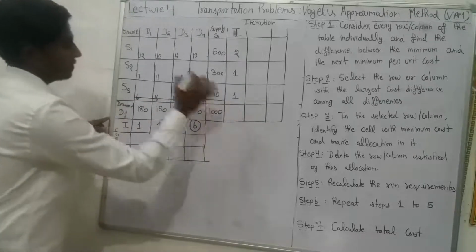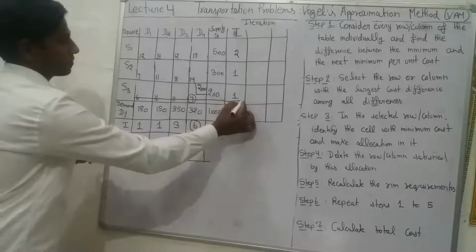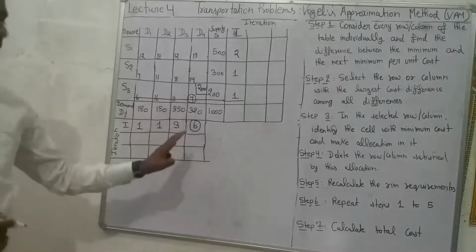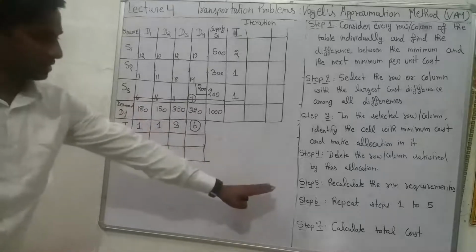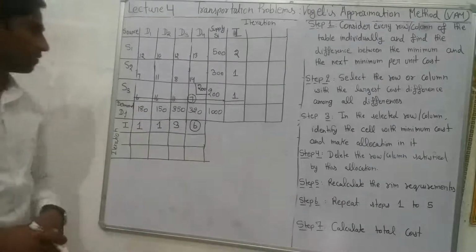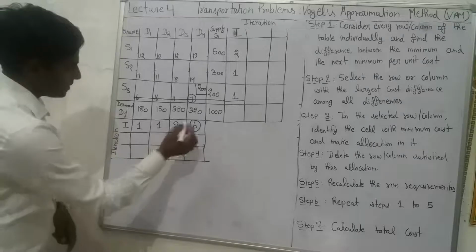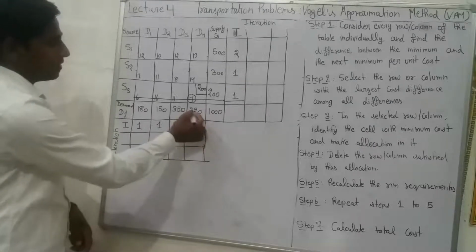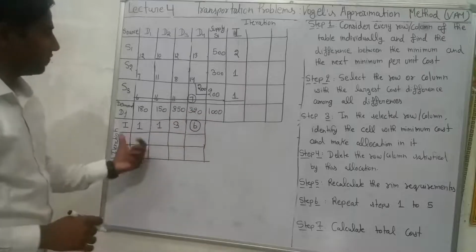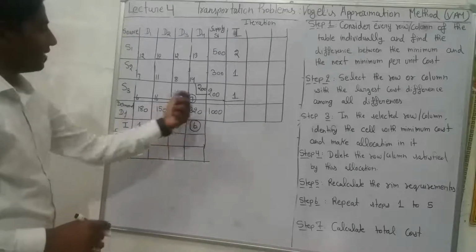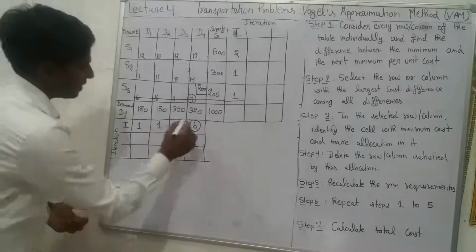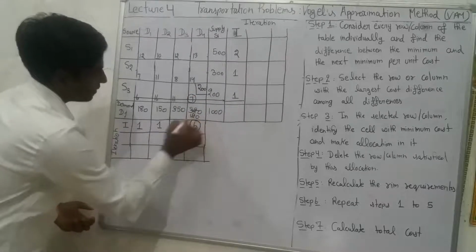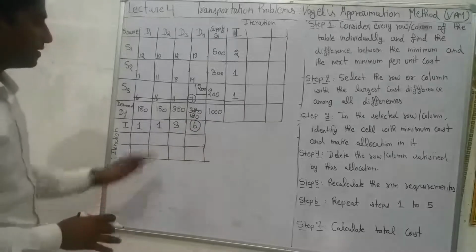After deleting this row, in step 5, recalculate the rim requirements. In column D4, the initial requirement was 320 units, and out of these we have allocated 200 units. It means the remaining demand is 120 units. So we have recalculated the rim requirements.